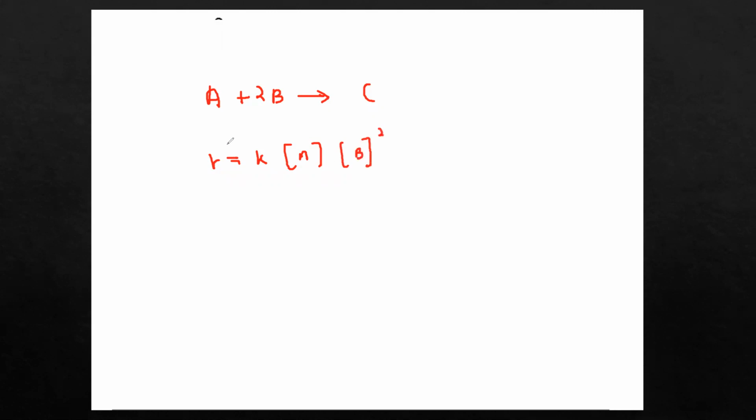So this is first order with respect to A and second order with respect to B. And the overall order of the reaction is 1 plus 2, which equals 3. But it is not necessary that what the equation shows will be the actual order of a reaction. This is just a theory. The actual order of a reaction you can find by the initial rate method.